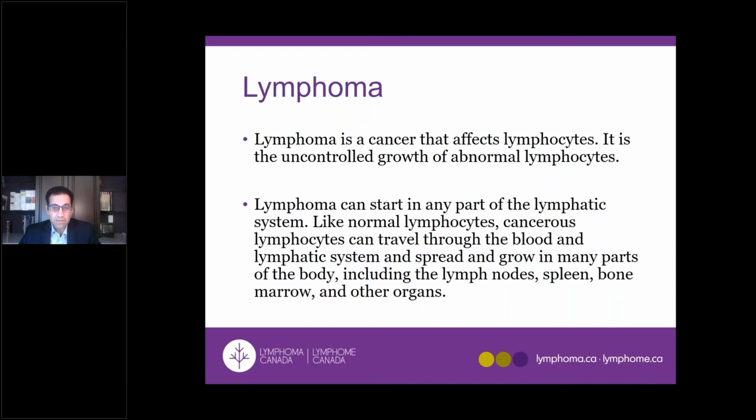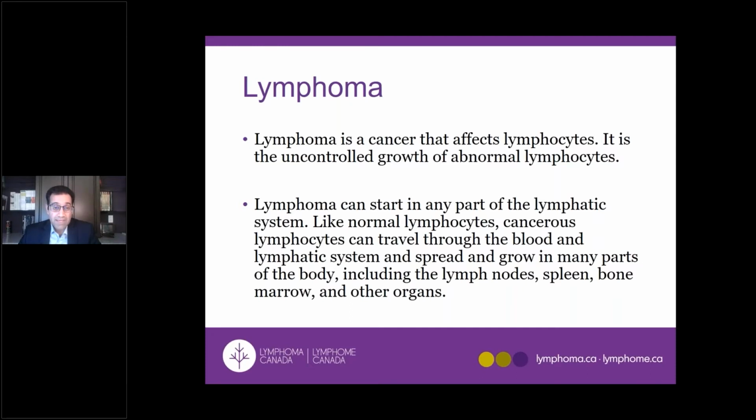So the sequence is that the number of cells increases, then they start to block the flow to the lymphoid tissue, and then start to spread even outside the lymph node. And as we mentioned before, these are many stations and they are connected together, so it can spread from one lymph node to another lymph node.